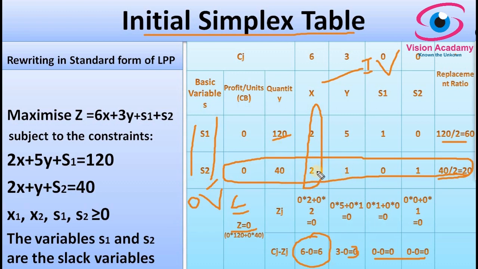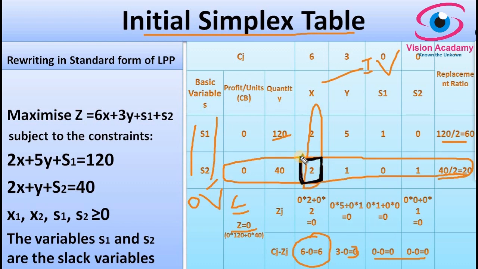The key element is at the intersection of the incoming variable and the outgoing variable. Here we have circled the incoming variable and also the outgoing variable. At the intersection we are getting 2.